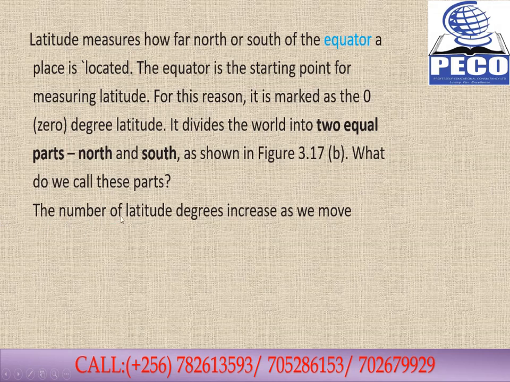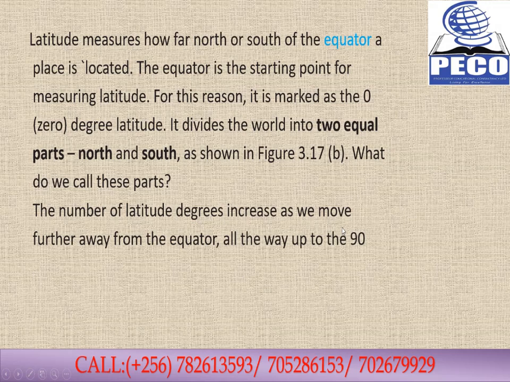So these latitudes are numbered in degrees, and they increase as we move further away from the equator, all the way up to the 90 degrees latitude, which are called the poles. So apart from the equator, we have other major latitudes. We have the Tropic of Cancer in the north at 23.5 degrees.